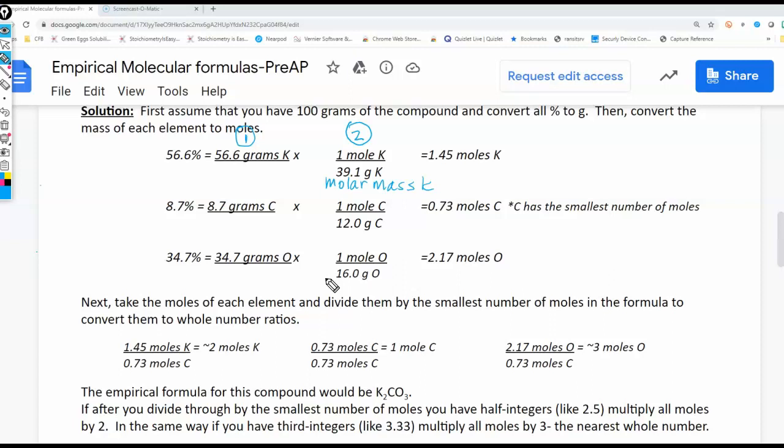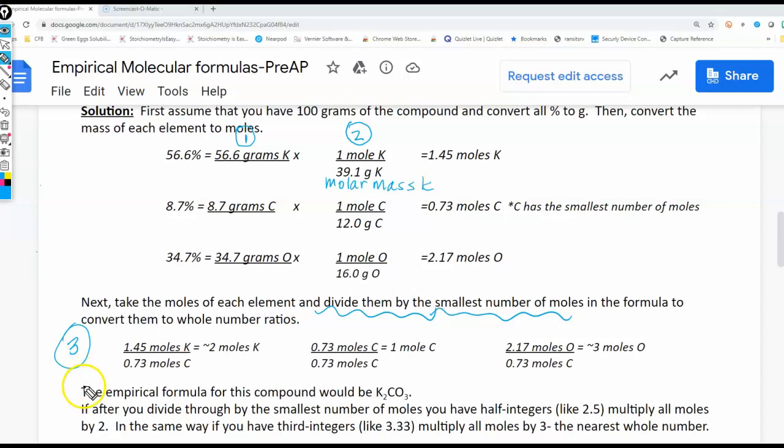recognizing that the 0.73 moles of carbon is the smallest number of moles. So then this part is going to be our step 3, where we are dividing by the smallest number of moles. We come out with approximately 2 moles of potassium, 1 mole of carbon, and approximately 3 moles of oxygen.